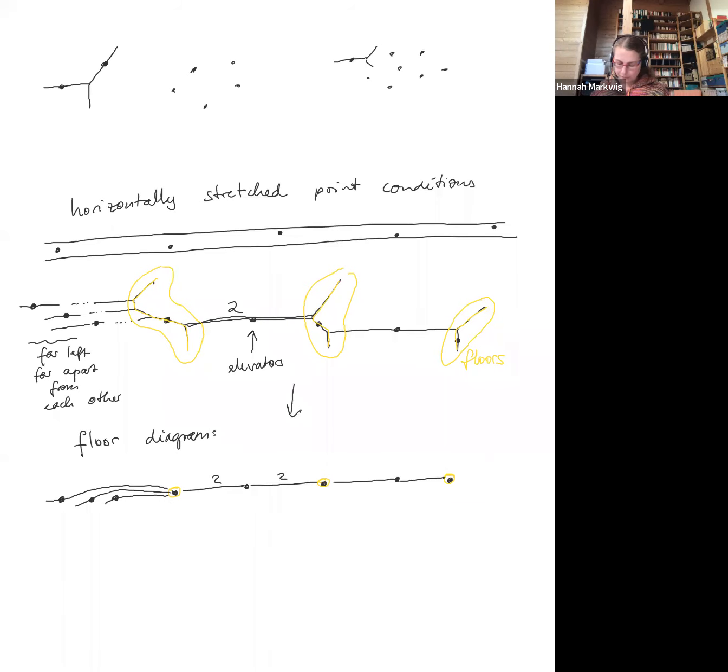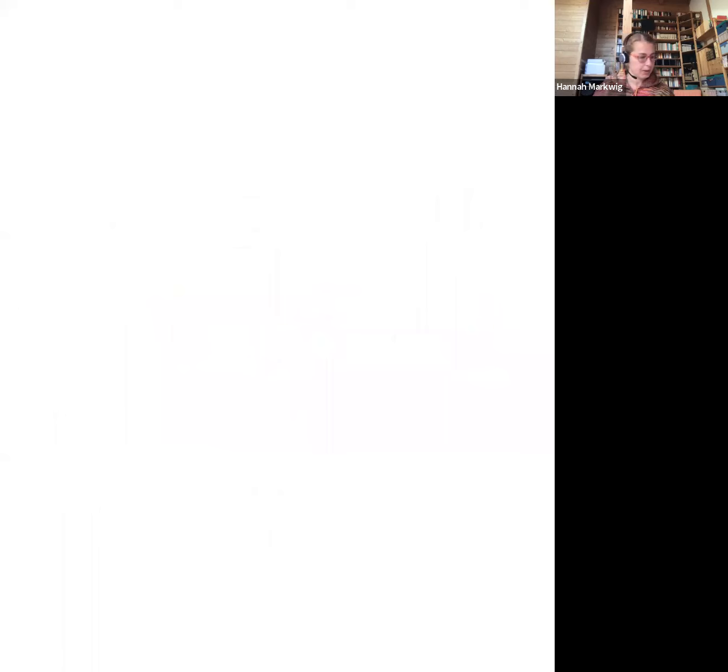Okay, now let's take a fresh screen and really define what a floor diagram is.